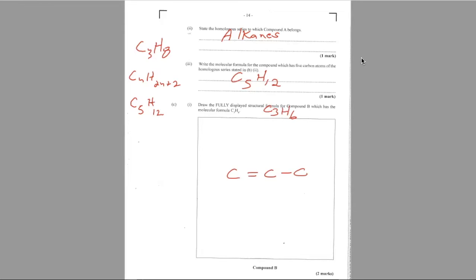So it means that our compound here is unsaturated. So each carbon again must be taking part in 4 bonds. All right, so let's just adorn our carbons with the hydrogens, C3H6. And just like that, we would have amassed some more marks.